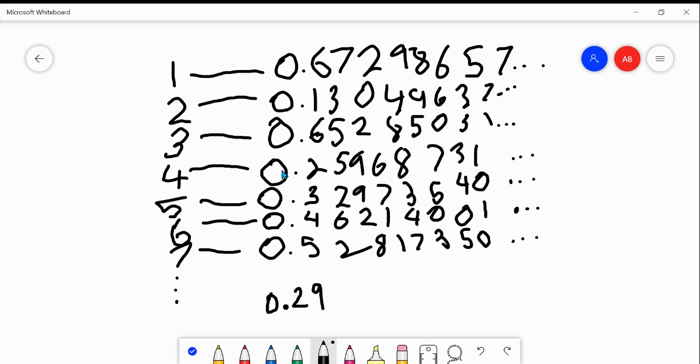And now for the third digit, I'll make sure it's different from the digit of the third number. So I'll make that 7. And for the fourth number, I'll make sure the fourth digit is different. 1, 2, 3, 4. So the fourth digit, I'll make it 0 if I want. And the fifth digit of the fifth number is 3, so I have to make sure that this is not a 3.